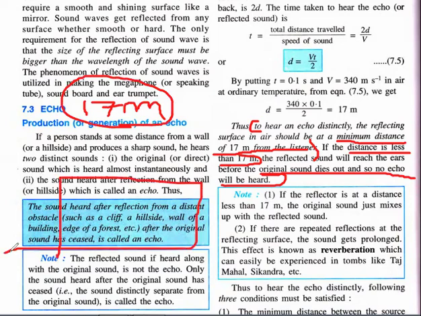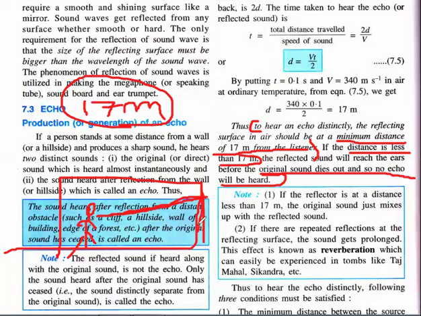Imagine you're in an empty room, and you just scream nonsense. You can hear it back because the reflecting surface, that is the wall, is at a minimum distance of 17 meters, and therefore there is no object, so you can hear a louder echo.